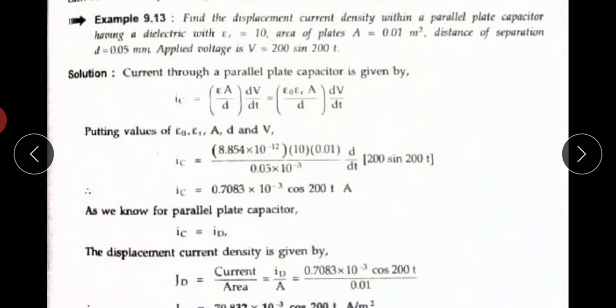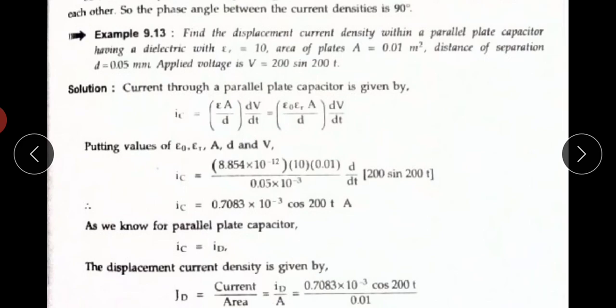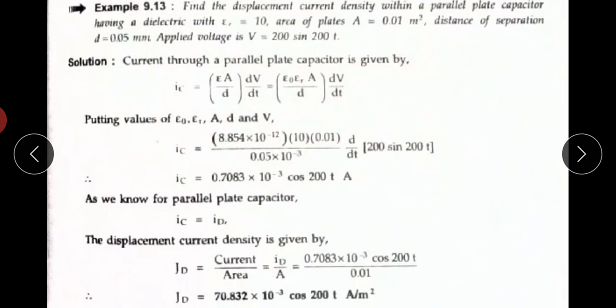We know that the current through the parallel capacitor is I equals C into dV by dt, and C equals epsilon into A by D. Here epsilon equals epsilon naught into epsilon r. So I equals epsilon naught into epsilon r A by D dV by dt. Now substitute values: epsilon naught, epsilon r, A value, D value, and V value.